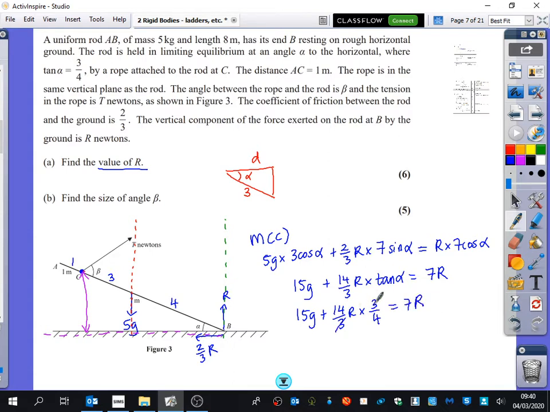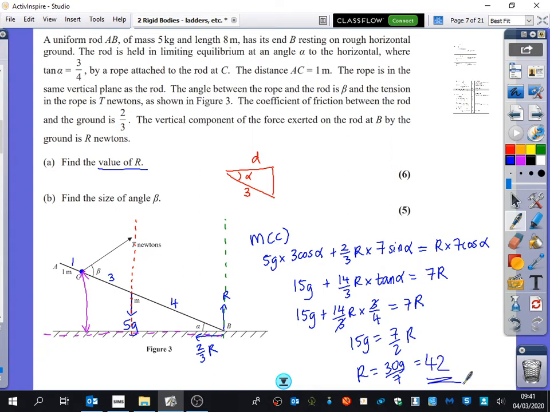The 3's cancel, so I get 15g equals 7r minus 14 over 4r, which is 7 over 2r, I should have just said. And so r equals 30g over 7, which is just solving that last bit there. And 30g over 7 is 42.